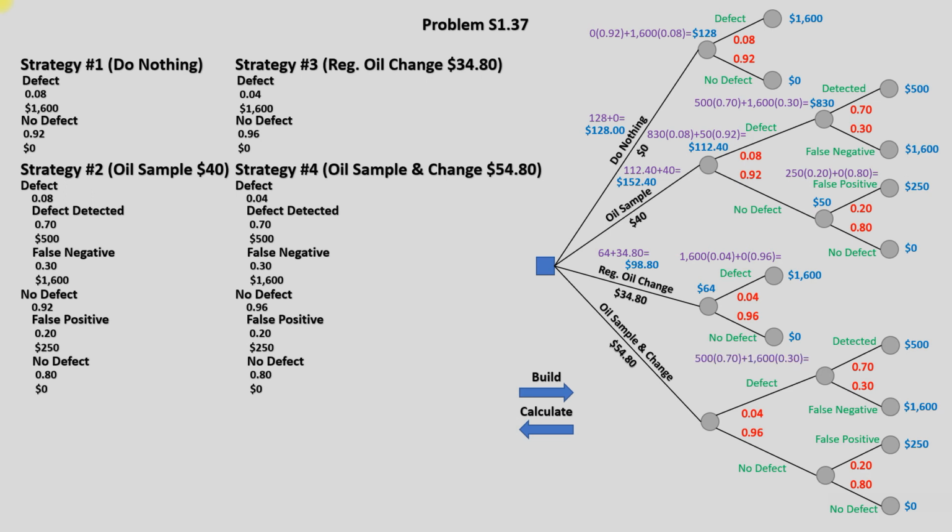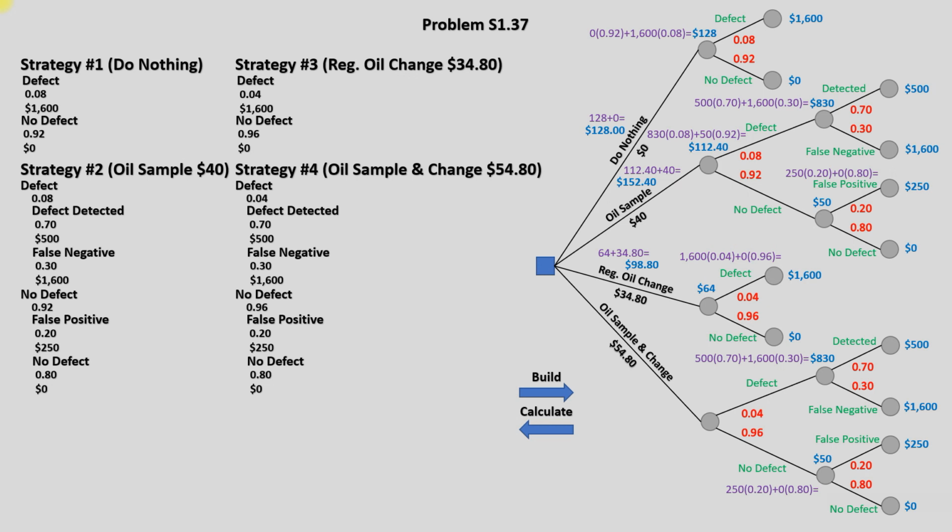Strategy 4, we're going to take the top branch. We're going to multiply the $500 times the 0.7, add that to the $1,600 multiplied by 0.3. We'll get $830, just like above. Same thing for the second branch down. We're going to get the $50. Now we're going to come back to the initial state of nature for that strategy.